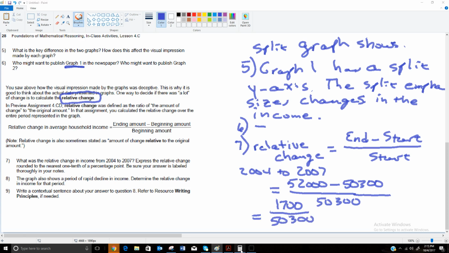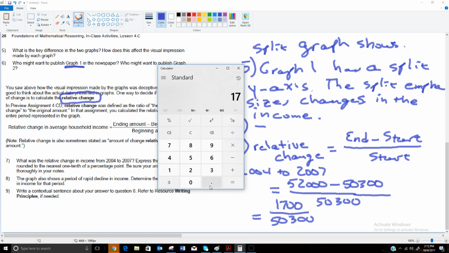So if we grab our calculator, a change of $1,700 from a starting income of 50,300. So what was that? That was roughly a 0.0337, and I'm going to round that to the third decimal spot, which is 0.033. But I can't leave that a 3 because it's got a 7 after it.